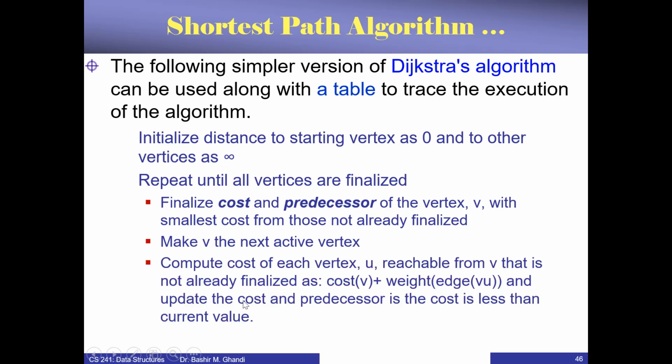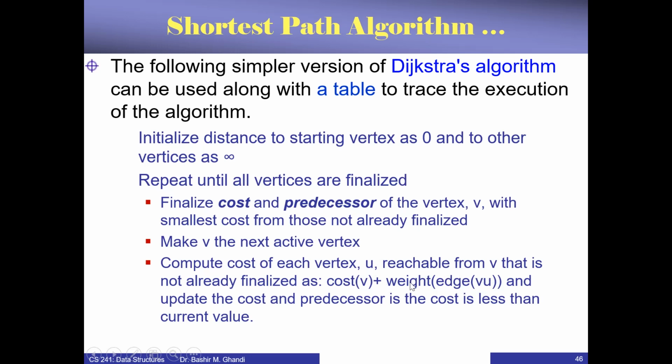Then compare the cost of each vertex U reachable from V that is not already finalized. Compute its cost as the cost you have just finalized for V plus the weight of reaching from V to U.